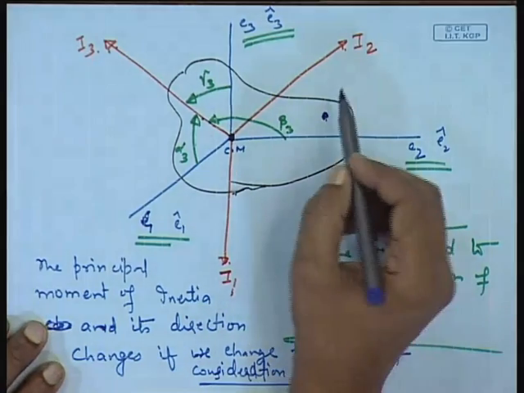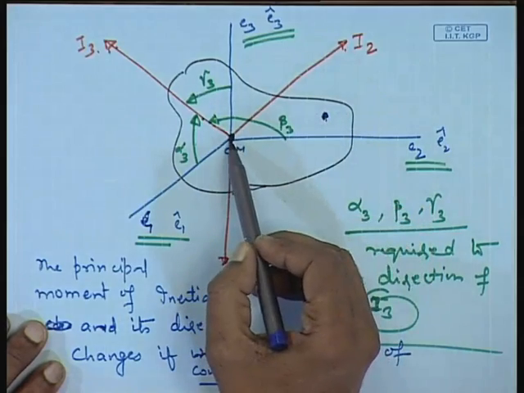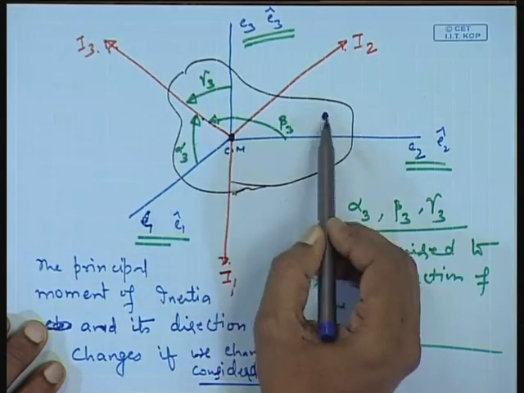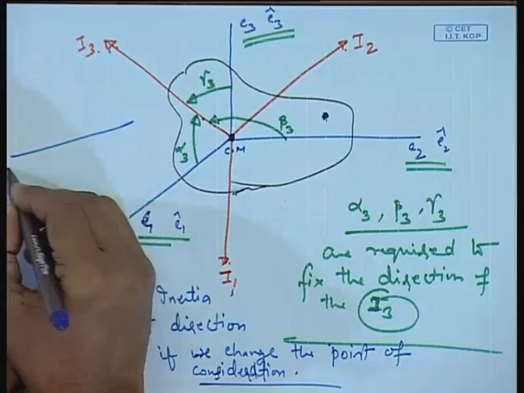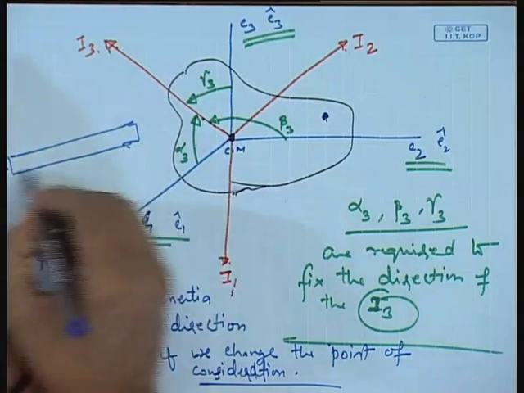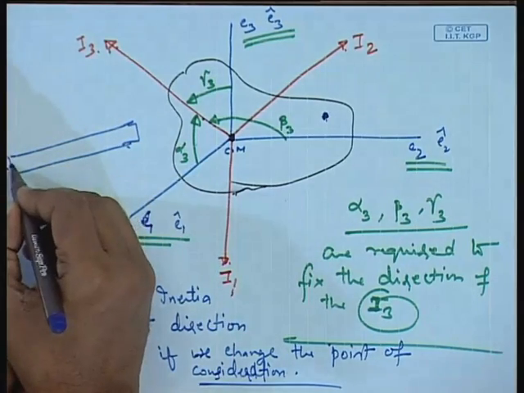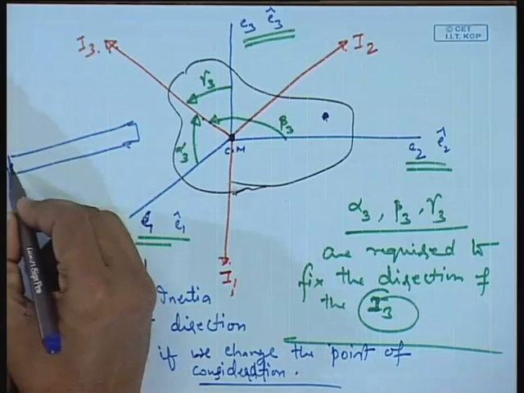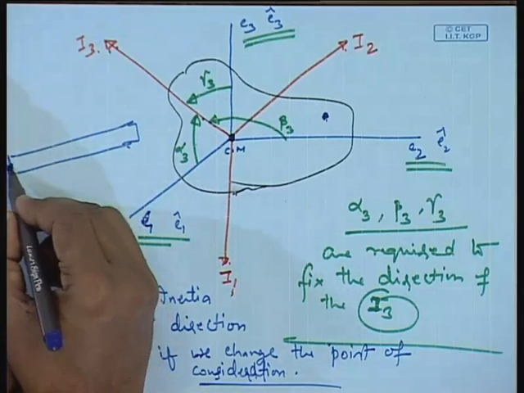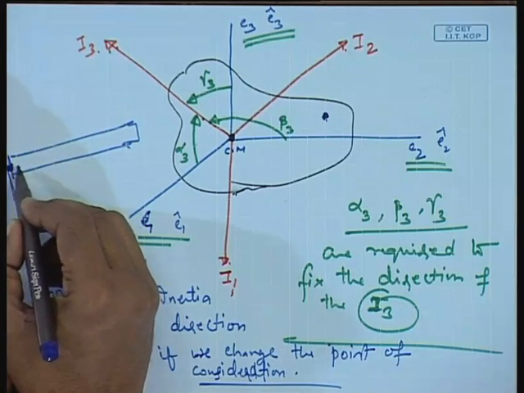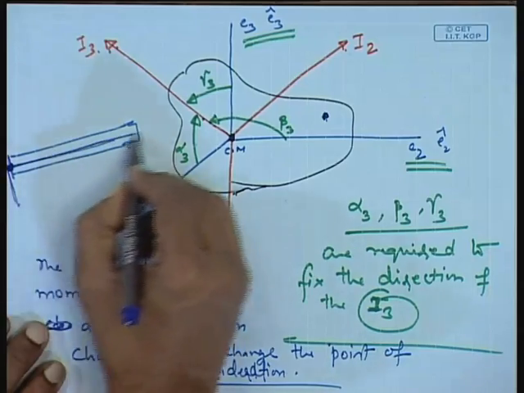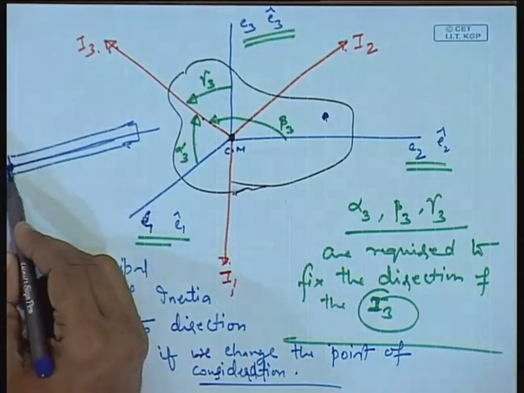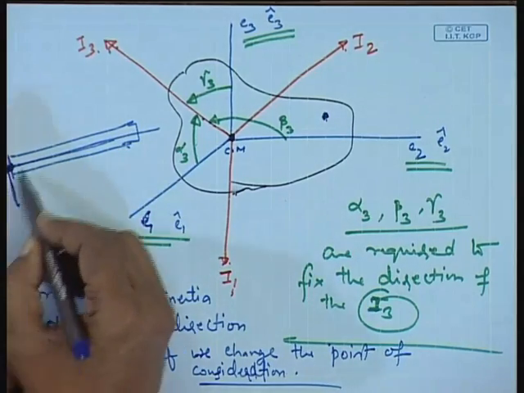That is very obvious: whatever inertia you have about this point, you cannot have the same about another point. That is similar to saying that if you are taking the moment of inertia about these axes, where we first choose the point here and then measure the moment of inertia about 3 perpendicular axes, one axis is this and this.